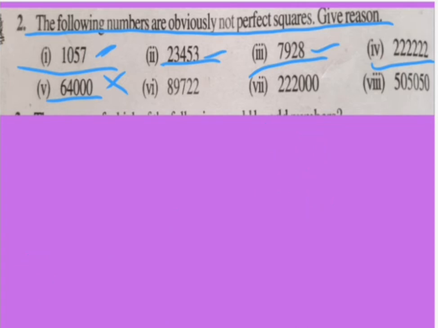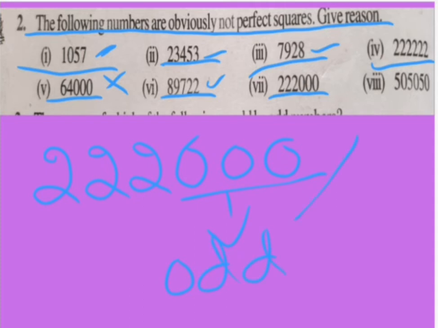Okay, the next question is 89,722, 2 in the unit place, and when 2 comes, your number cannot be a square number. Next is this question, 2,22,000. In 2,22,000, again we have 3 zeros. 3 zeros means odd number of zeros. So this is also not a perfect square number.